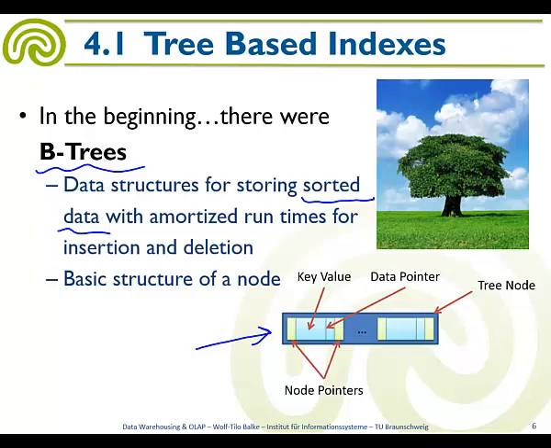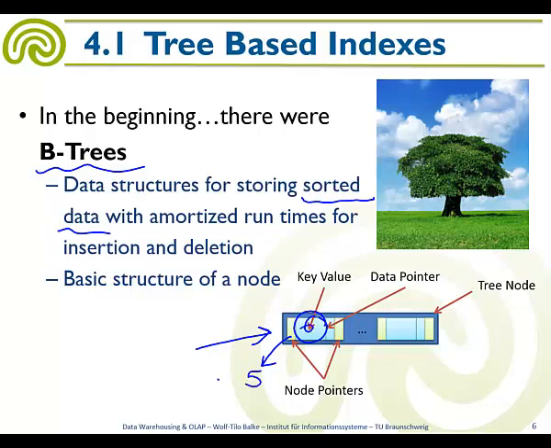So a tree basically has the following structure. You have a key value, and the key value might be the value that is stored on the disk. If we're talking about numbers, this is easy to do. If we're talking about strings or vectors or something more complicated, this key value might be just a criterion, such as a primary key, something that identifies the element that the key node is pointing to on disk. And then you have so-called node pointers. The pointer on the left covers all the key values that are smaller than the key value in the middle, here 6.